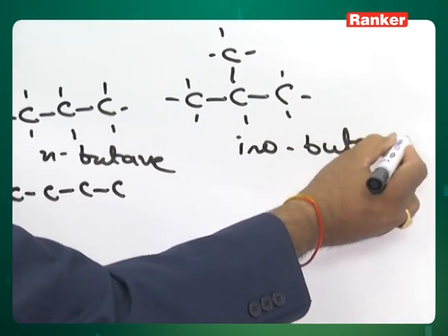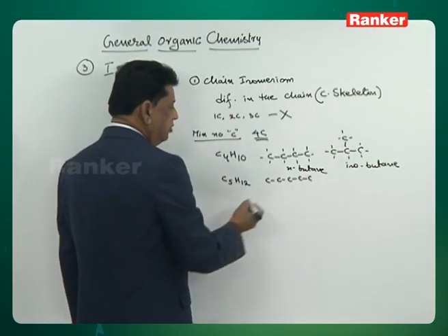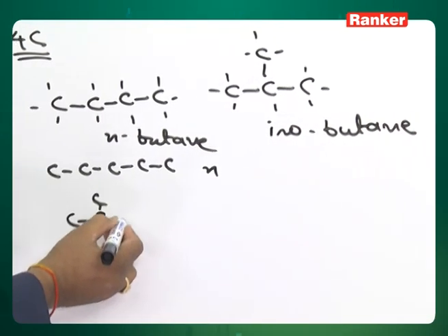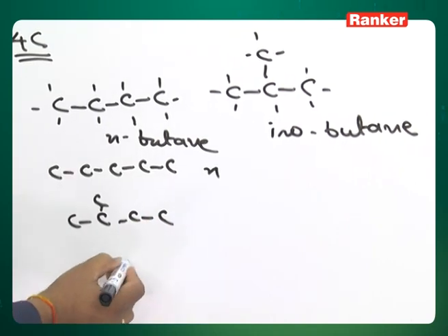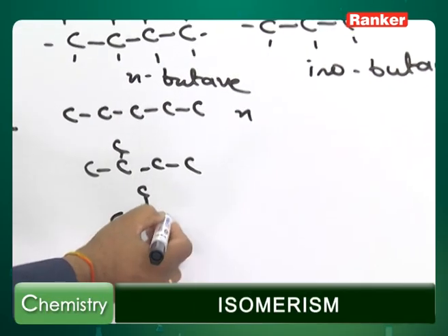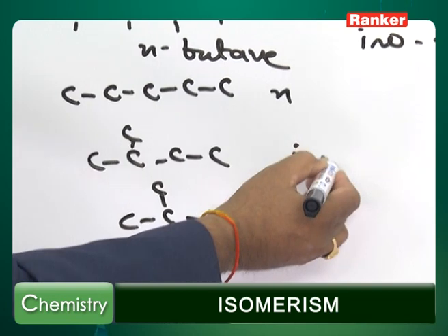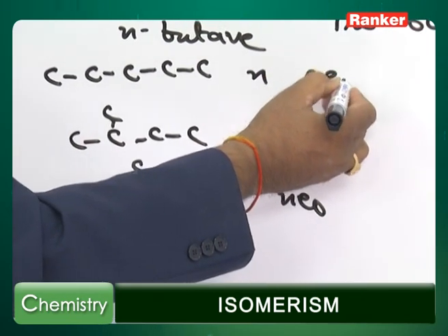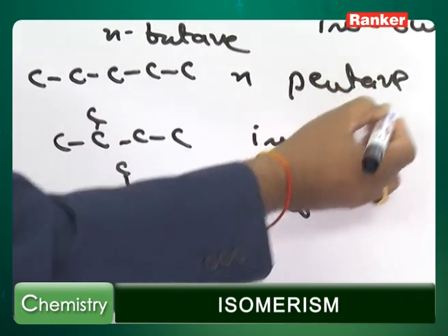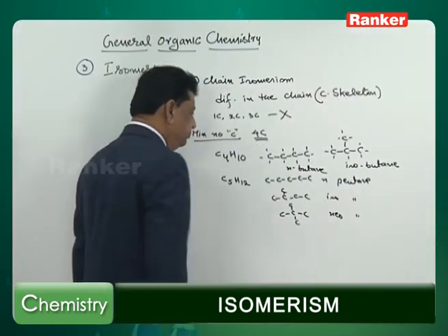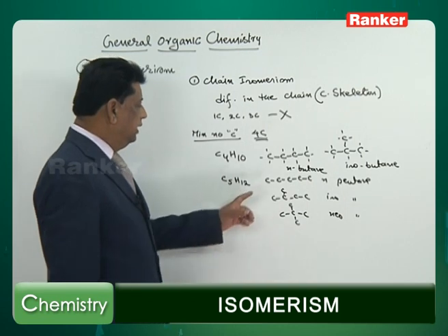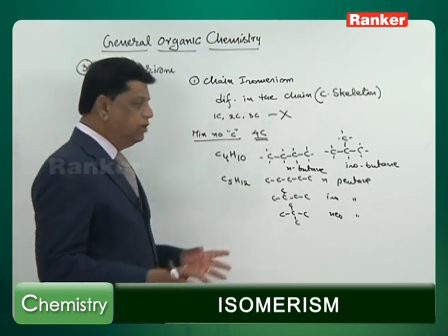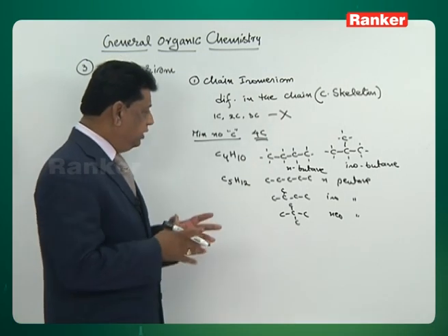Similarly, under the 5 carbon system also, there can be an N type, there can be an iso type of pentane, and there can be a 2-branched one, that is a neo type. So, all are pentanes: N-pentane, isopentane and neopentane.